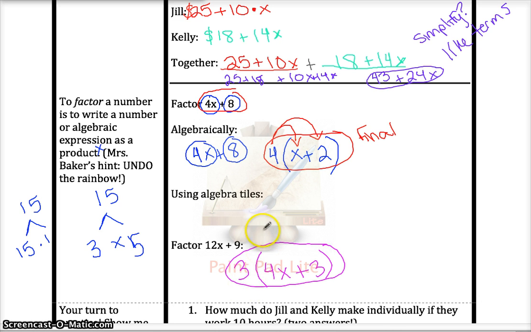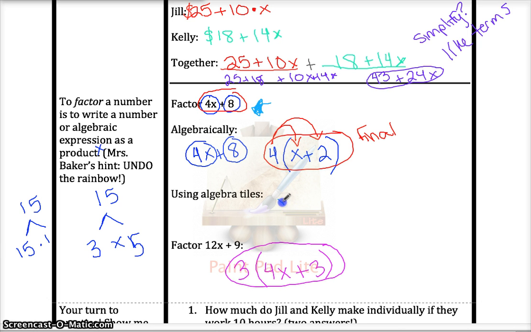Okay? So if you're going to use algebra tiles, in my mind, it's a little bit more complicated, but it is important to see why this works. So let me show you. This is when you'll need 2 colors. So we're going to use algebra tiles to represent 4x plus 8 and how to factor it. And I'm going to use this light blue color to represent my x's.